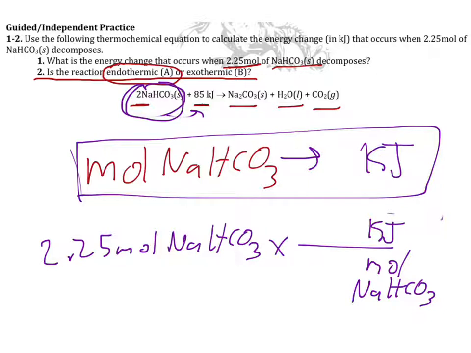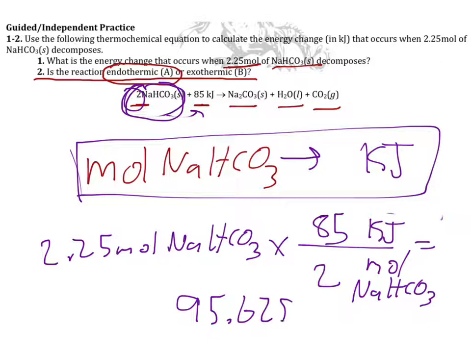And we know that 2 moles of this will react and consume 85 kilojoules of this. And so this ends up being 95.625, but with sig figs, it ends up being 95.62 kilojoules of energy.